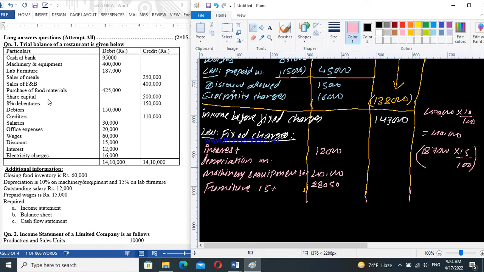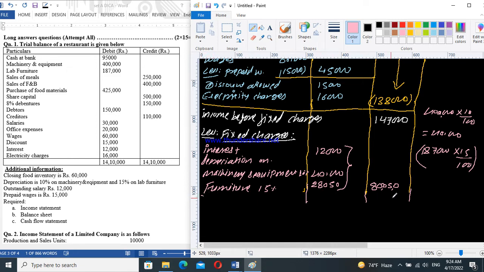That's all. Other activities are not here, I think. Therefore all the items are settled over here: 12,000, 40,000, 28,050. The total amount is 80,050, the summation of these three amounts.